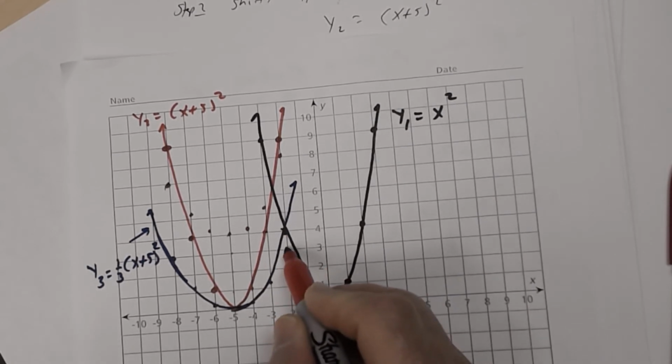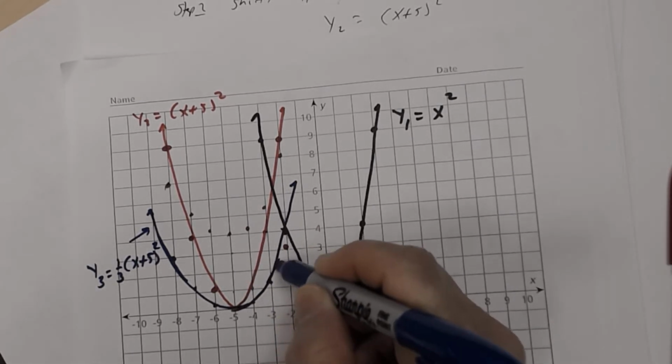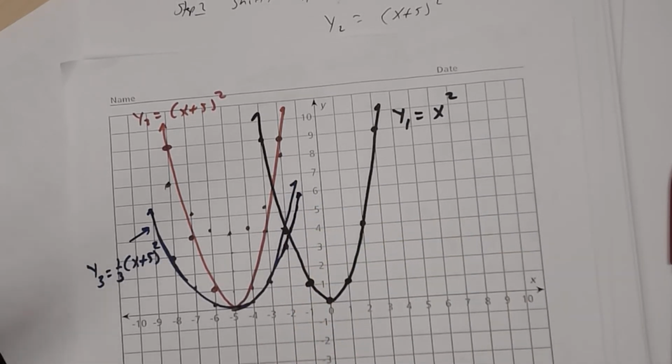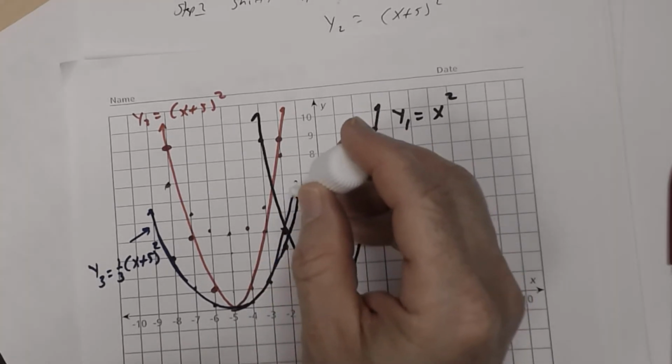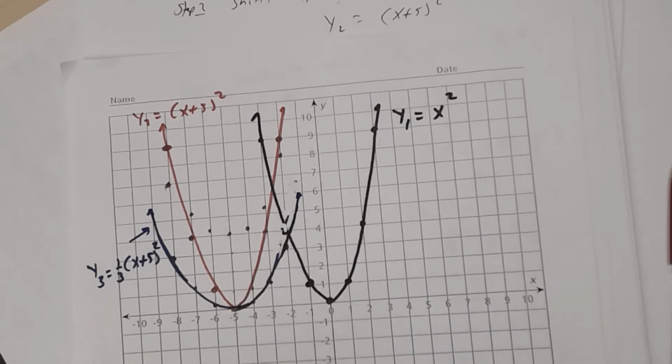This is where 3 is, right here. So it really should look like this, okay? That's what it should look like. And so real quickly, I'm just going to quickly take this part off right here. Okay, so that's what that looks like.